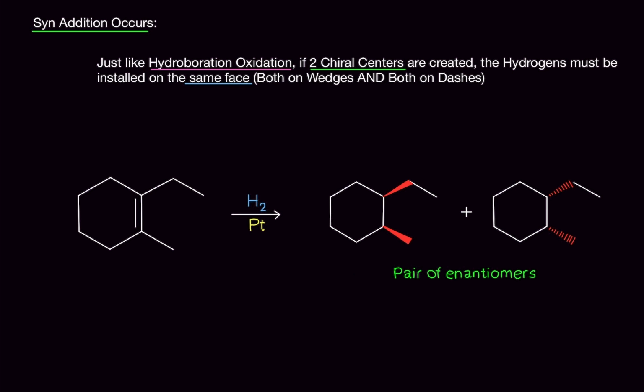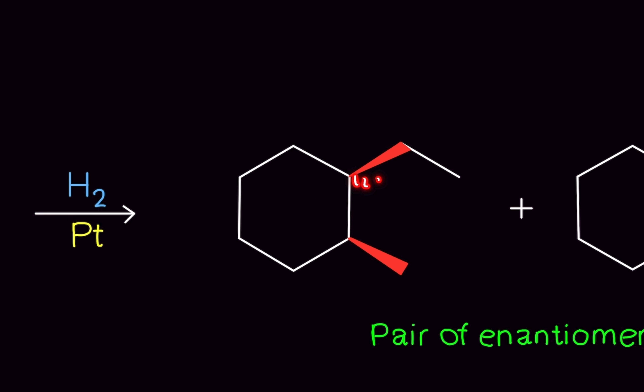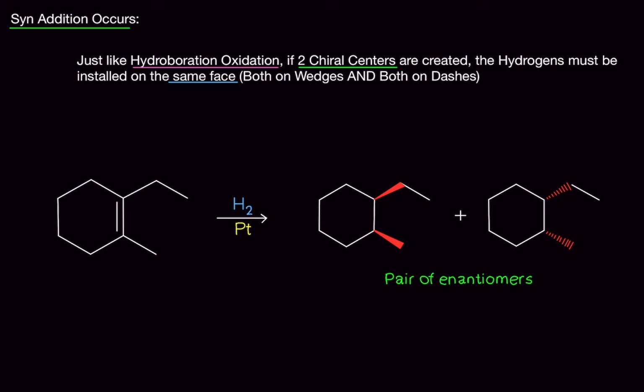The reason we're putting wedges here is because the molecule is chiral, so we need to show both wedges and dashes. But since we're putting the hydrogens on dashes here, we don't need to draw in the hydrogen. There's no need to. But what we need to draw in is the wedges for the other functional groups attached.